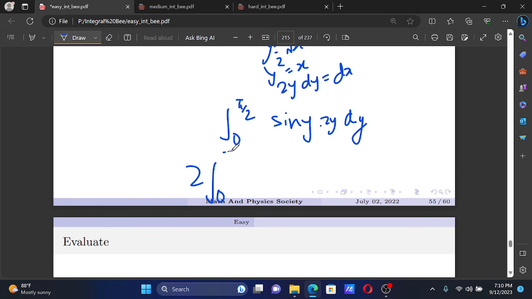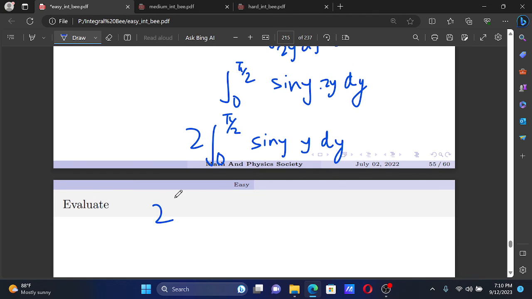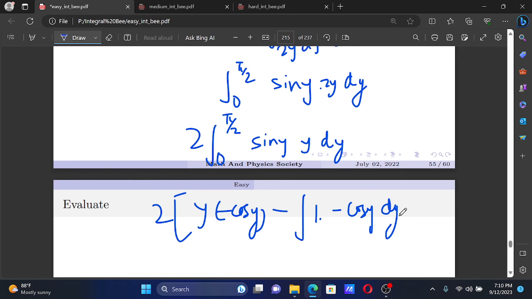So 2 times integral from 0 to pi by 2 of y sine y dy. So it's 2 times y times minus cos y minus integral of 1 times minus cos y dy.